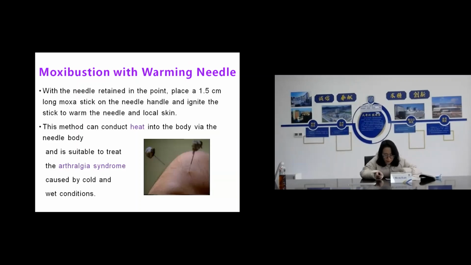With the needle retained in the point, we place a 1.5 centimeter long moxa stick on the needle, then ignite the stick to warm the needle and the local skin.